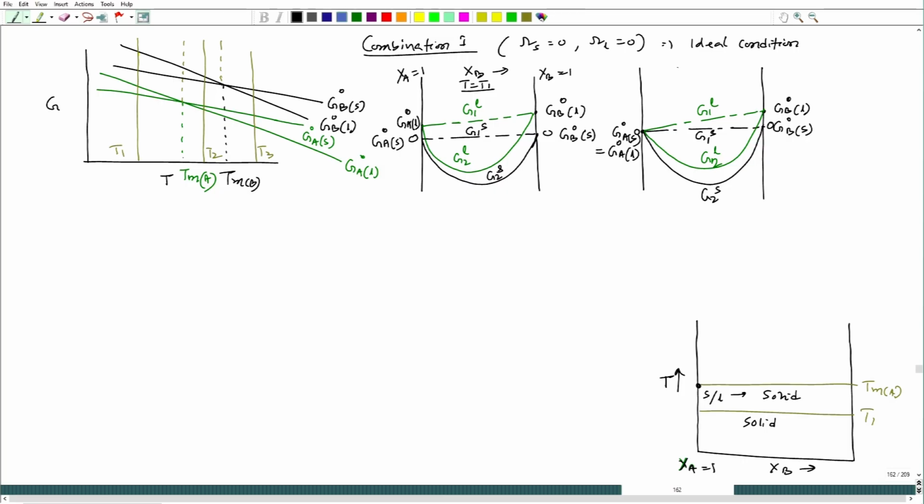Now, this is at temperature T equal to TMA, and please mark X A equal to 1, X B equal to 1 and X B varying this way.